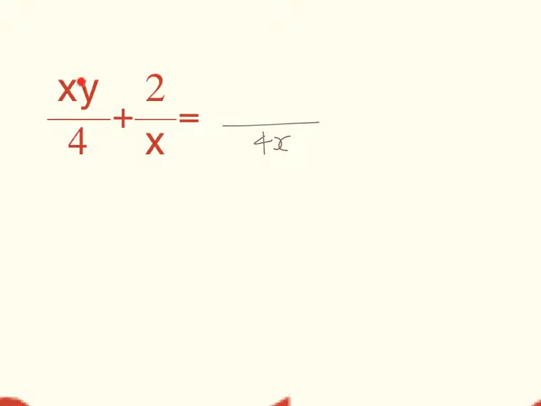This x will multiply by the xy up there, giving me x squared y. Here I'm making the assumption that you know that x times x is x squared. Okay, it's a big assumption I'm making there. Put a plus there because we're adding there. And then the 4 will multiply by that 2, thereby giving me 8. Did you get that as your answer? I hope you did. Okay, right, that's brilliant.